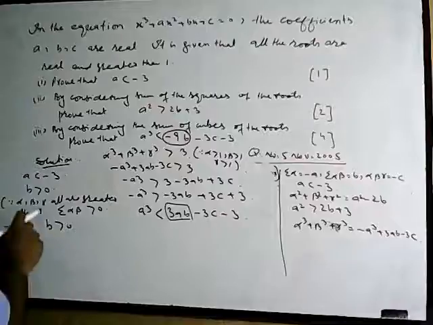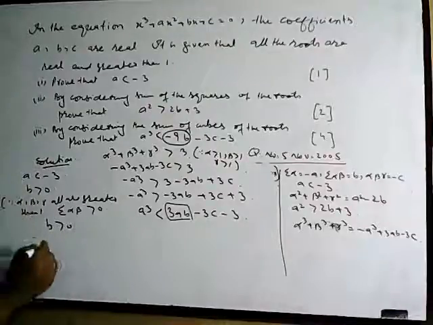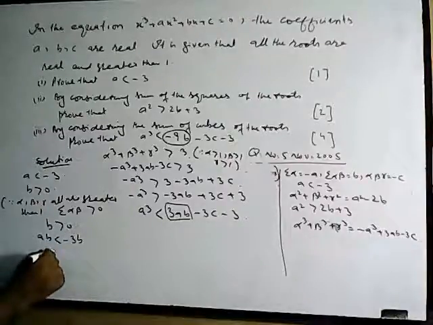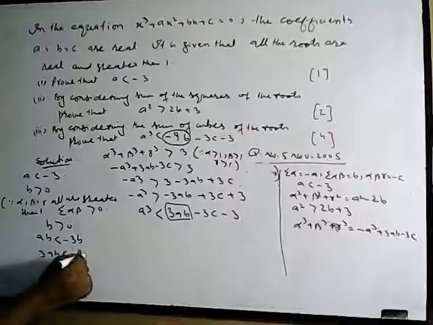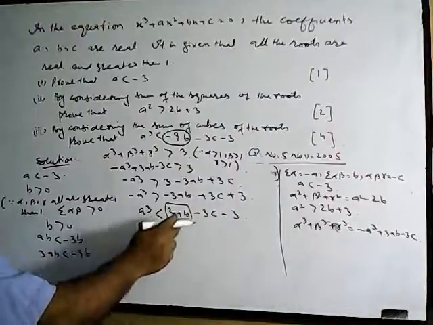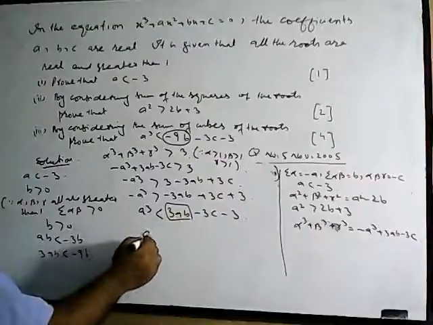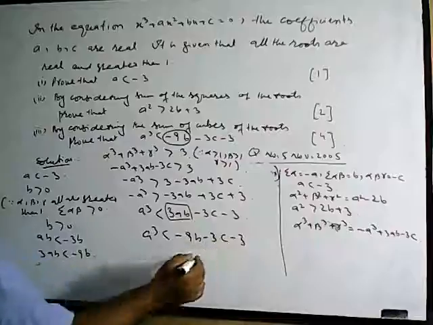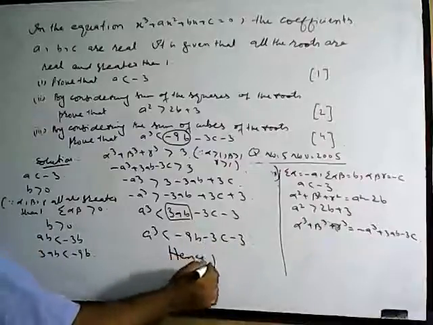When B is positive, I can multiply this by B with no sign change, so AB will be less than minus 3B. If I multiply by 3, 3AB is less than minus 9B. So if A cube is less than this, I can replace 3AB by minus 9B, so A cube is less than minus 9B minus 3C minus 3, hence proved.